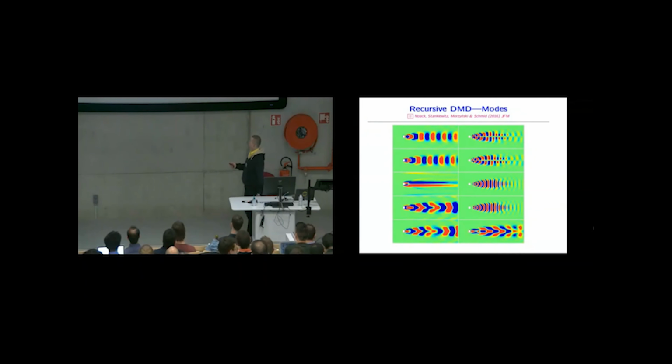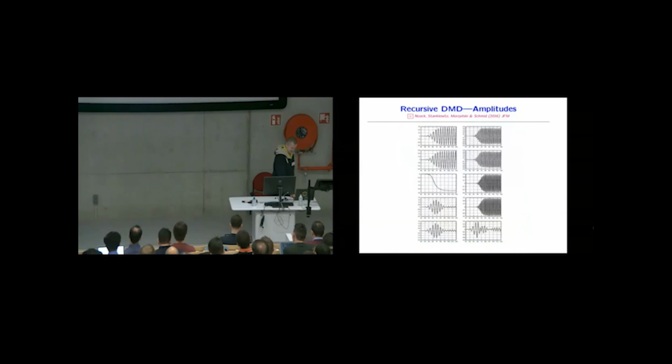What we essentially do, we require monochromaticity of the modes, but we found a trick to make these modes orthogonal. And then we essentially get a similar resolution like POD, but we have a pure frequency behavior.